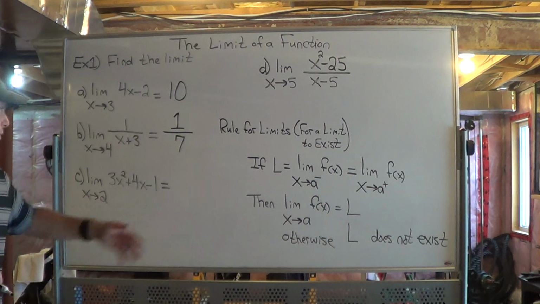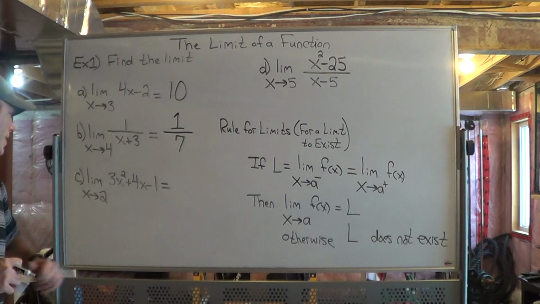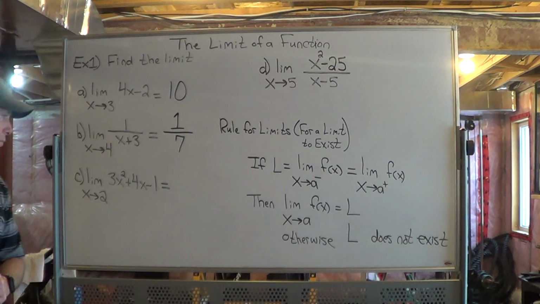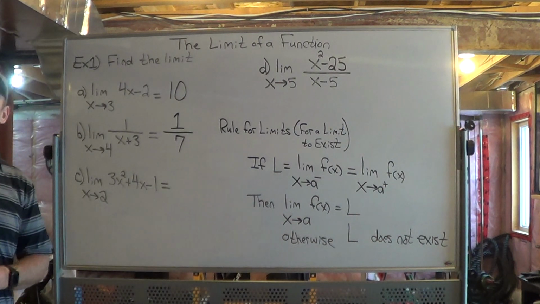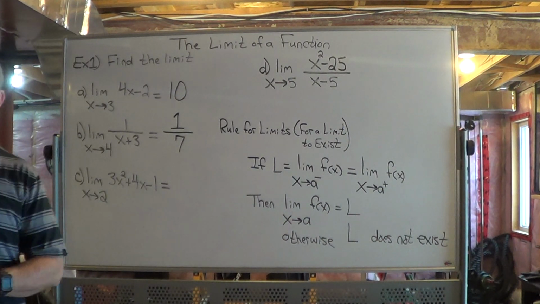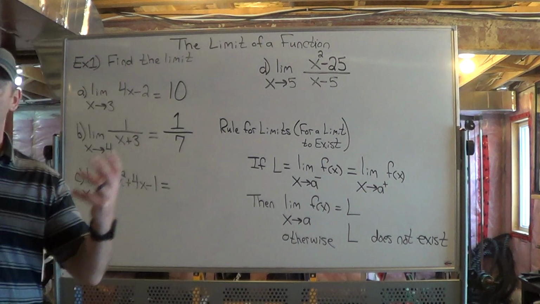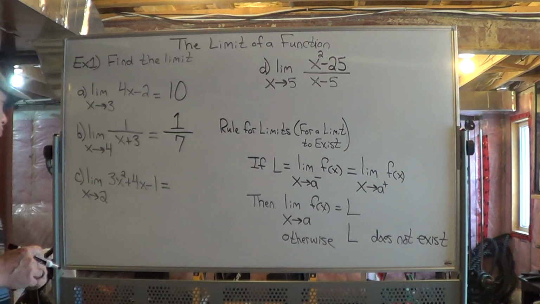Alright, so c. I've got a quadratic where I have 3x squared plus 4x minus 1, and I want to know what that function is as x approaches 2. Again, I have no denominator to worry about, so there's no problem here. I can substitute in.